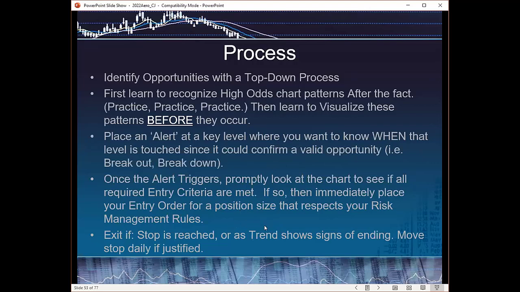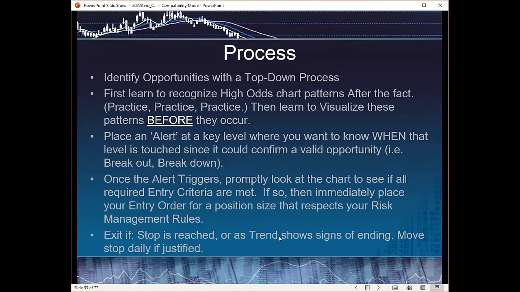Once that alert triggers, I'm looking at the chart and making my decision. Are my criteria met? Is it still valid? Then if it is, I set up and place my order per the position size that respects my risk management rules. Now with the open positions, I'm managing the stop. There's an initial stop. And if it's hit, I'm out. No questions asked.